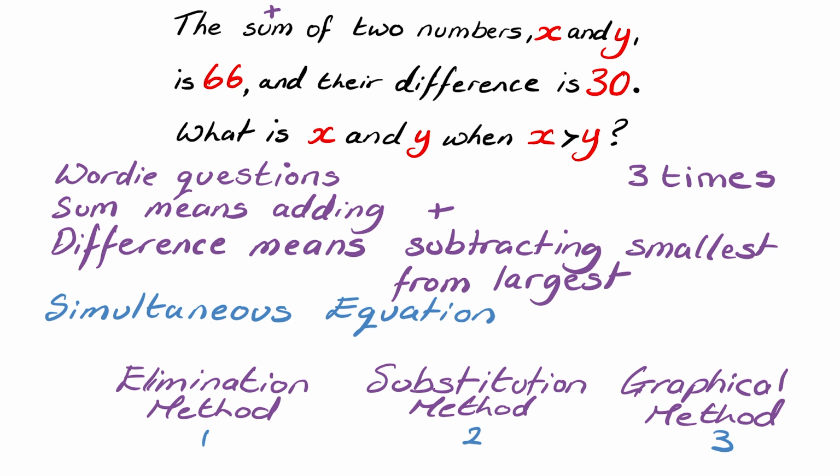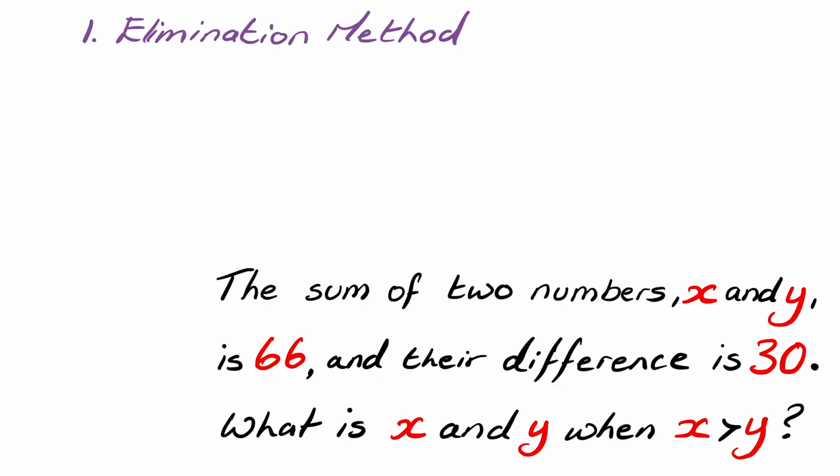So let's dive into method 1, and that one's the elimination method. So what I've done here is I've brought the question here for us to extract the numbers from, and that's what I say, the third read or the fourth read, get those numbers and letters out and then forget the actual worded question itself. So we were dealing with the sum, we know that's adding, of two numbers, x and y, is 66.